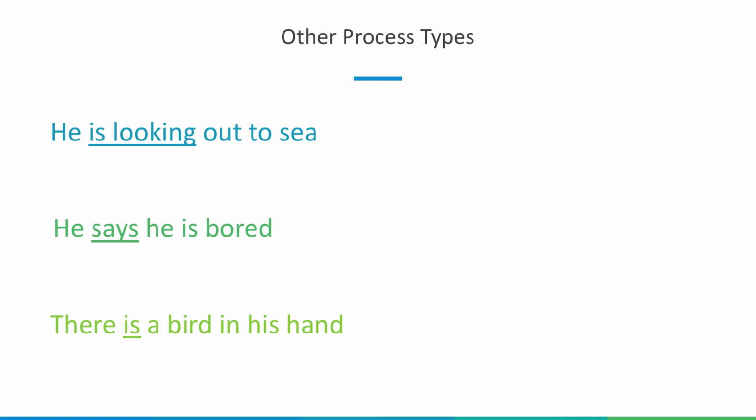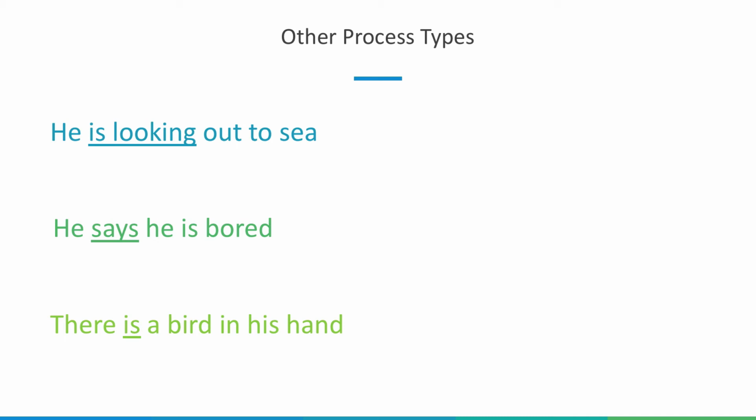In functional linguistics, there are 3 more types of processes, and these are behaving, saying, and existing. So let's start with the first sentence here. He is looking out to sea. Looking is similar to an action, and it's also similar to a mental process.